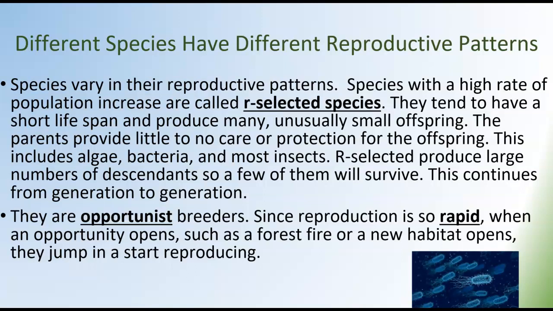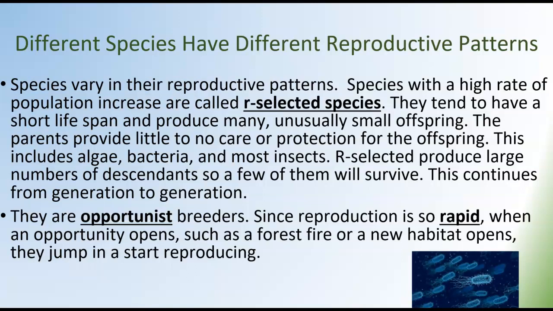Populations can also be affected by reproductive patterns. Different species vary in how they reproduce. Species with a high rate of population increase are called R-selected species, and they tend to have short lifespans, and they can produce a lot of small offspring in a very short period of time. But they don't care for those offspring or offer them protection, so the offspring are left to take care of themselves.